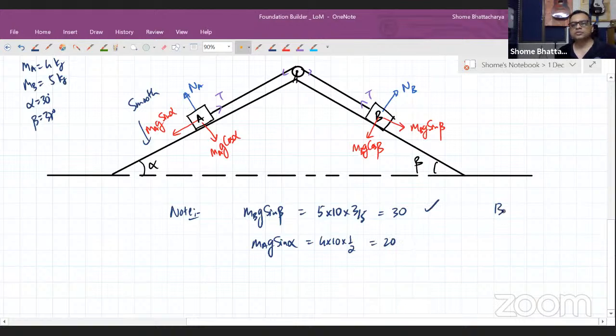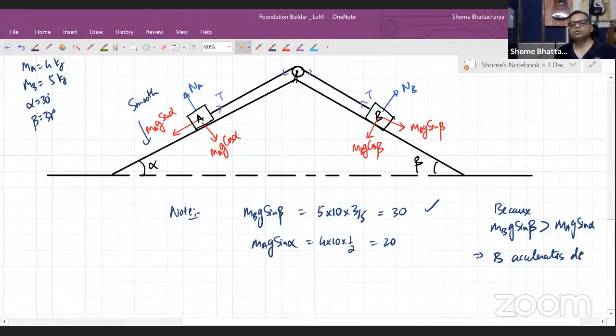Because this force is larger than this force, therefore B will accelerate down the incline and A up the incline.